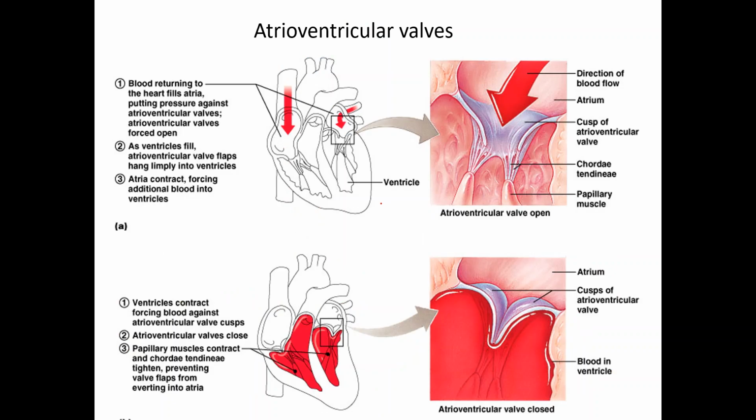So let's explore these atrioventricular valves in a better way. First of all, remember these are known as chordae tendineae. They are like little tendons, really, this fibrous connective tissue that keeps them in place.